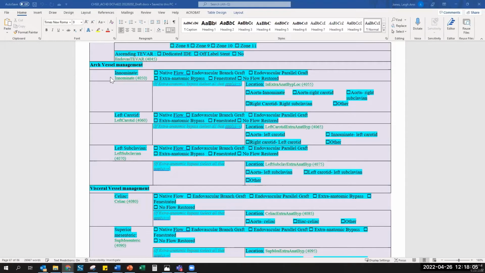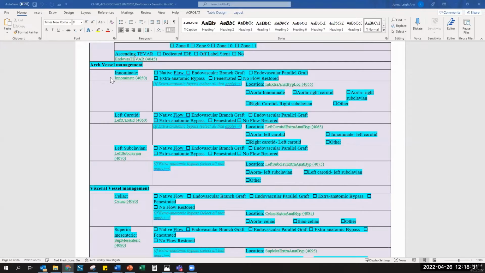So there's no direct endovascular intervention on the vessel that was performed to improve blood flow. So if the artery is left intact and continues to receive blood from the native aorta in the normal manner after the endovascular procedure, then native blood flow is selected.